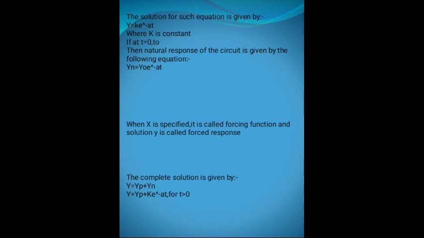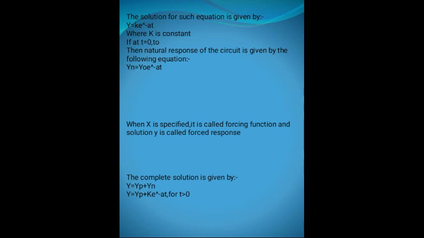If at t = 0, then the natural response of the circuit is given by the following equation: yn = y0 e^(-at). When x is specified, it is called the forcing function, and the solution y is called the forced response.